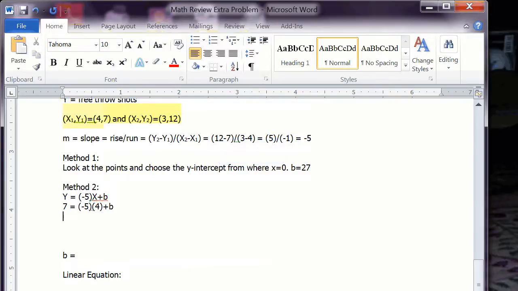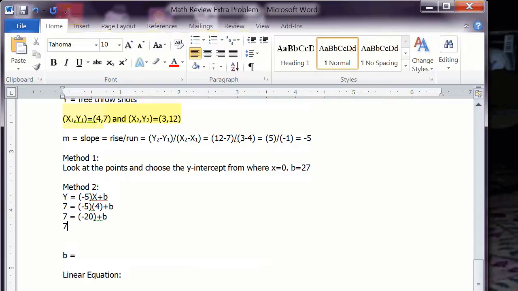And then we're going to say plus b, and eventually that's what we're going to be solving for. So 7 equals negative 5 times 4, that is just negative 20, plus b. Now we need to get that negative 20 away from both sides. You get rid of a negative 20 by adding a positive 20 to both sides.